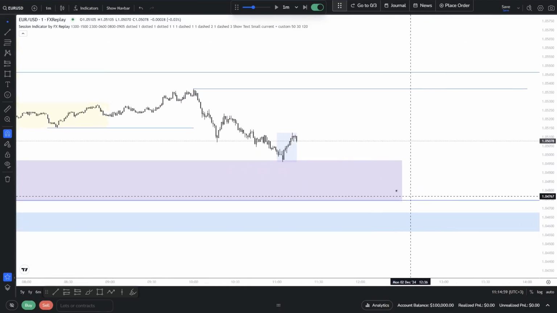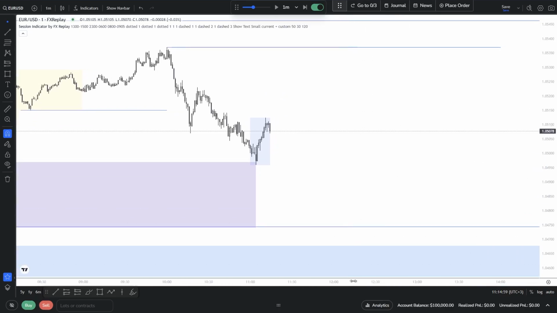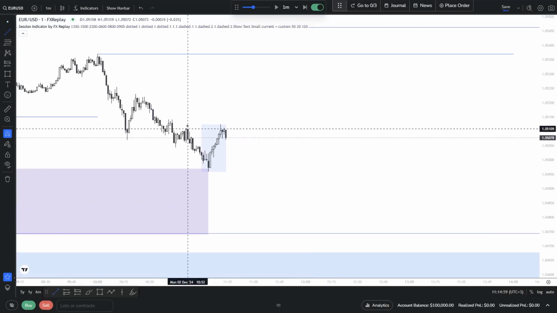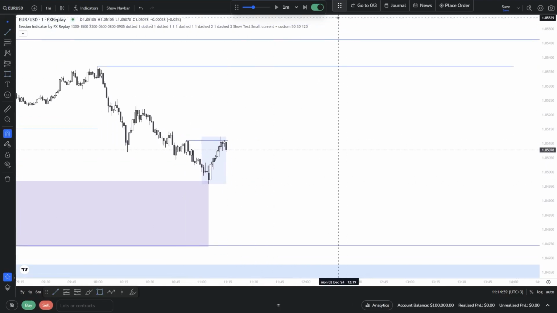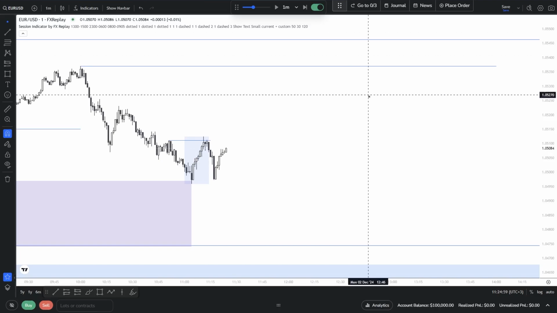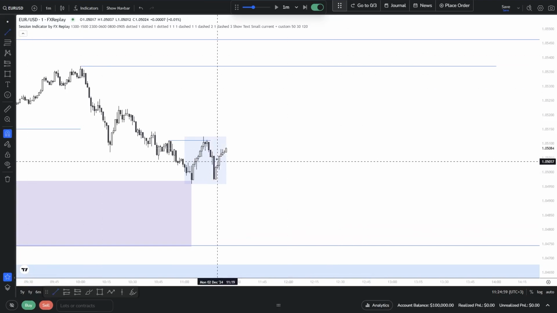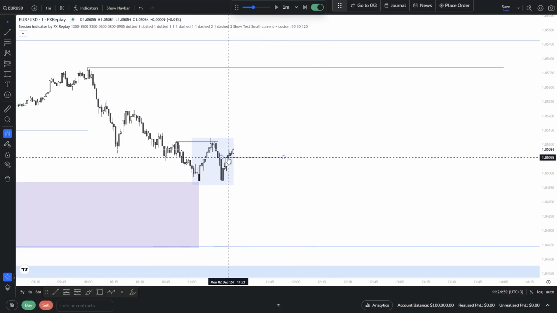Now remember that we are trying to trade the smart money trap. Okay, good, we have the liquidation. Do I see a valid zone? I don't see a valid zone so far, so I'll play this price. Good. Okay, this looks a bit interesting.